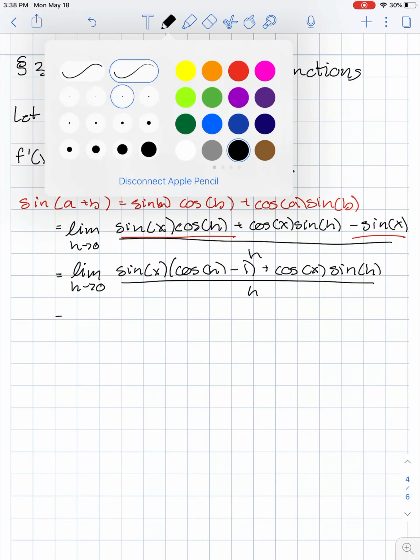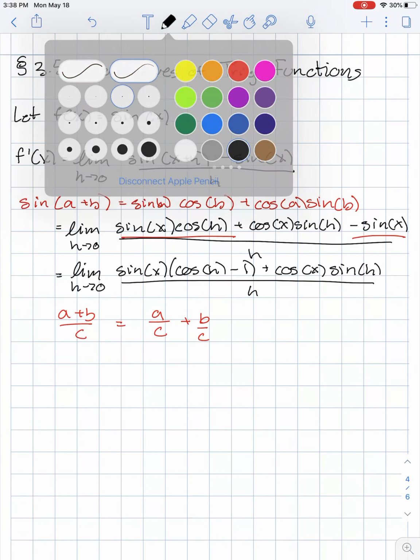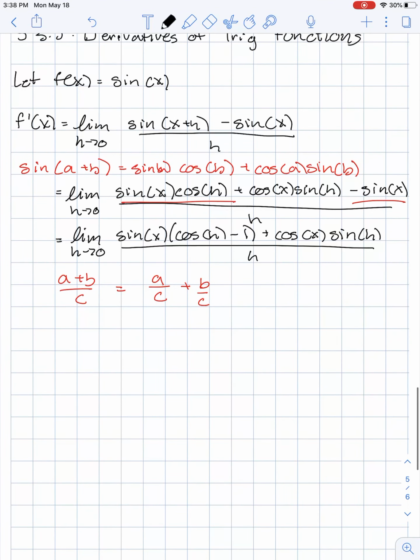Everything's still over h. Now, I have something plus something over one number, so I can write a plus b over c as a over c plus b over c. I'm splitting one fraction into two so I can distribute the limit, because limit laws say I can add the limits of two functions.